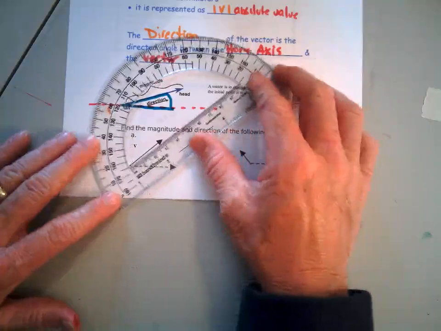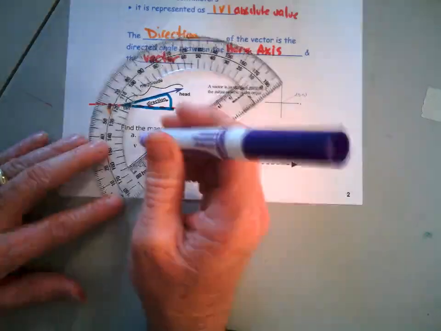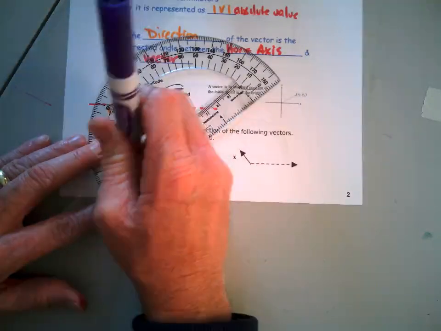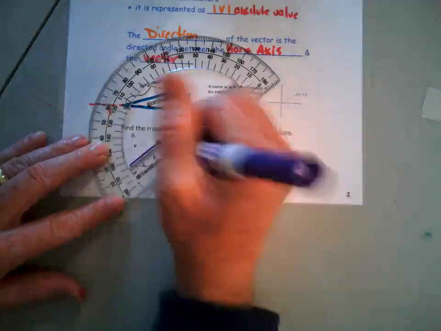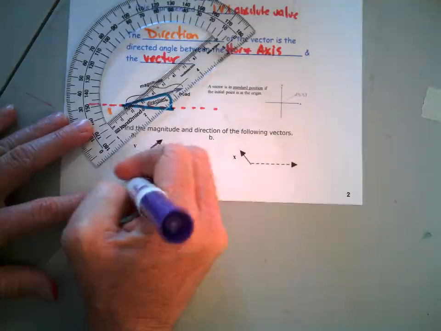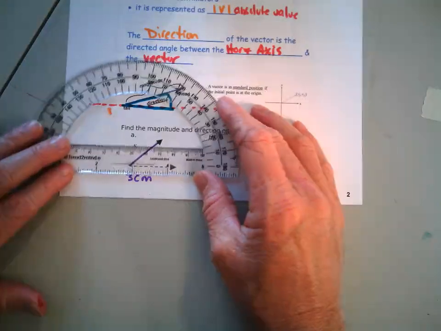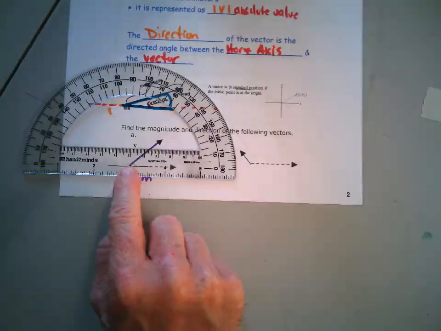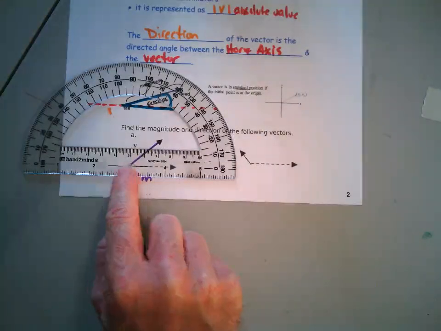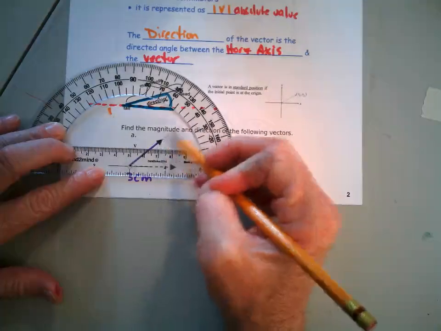So this isn't something you're going to have to do because you're sitting at home, but you could probably see that this vector is 3 centimeters long. So it's stopping right there at the 3 centimeters. And so I'll use the protractor, set it up so that its initial point is sitting in that little bitty circle right there. And what I might need to do is extend that vector out a little bit.